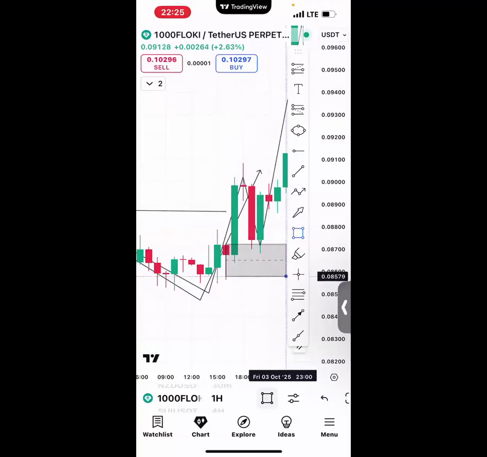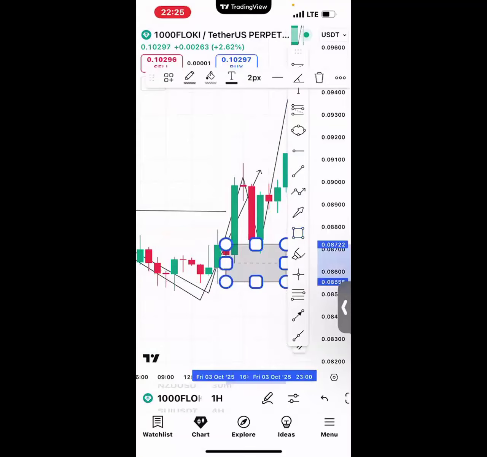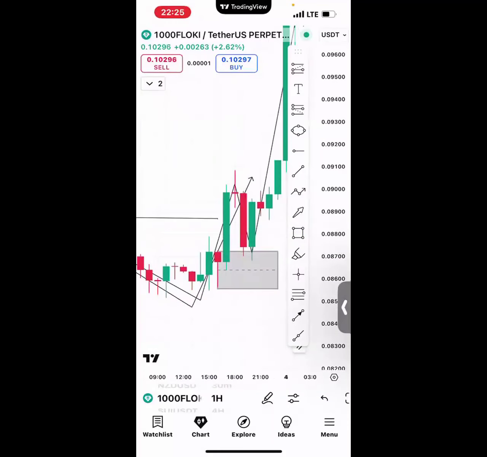And then for me to confirm that this is the institutional candle, I will see that there's a gap. The next candle the market will print will be very big, and there will be a gap. That gap, which I mark out, is my imbalance or fair value gap, FVG or IMB.